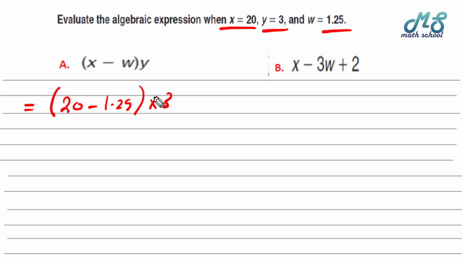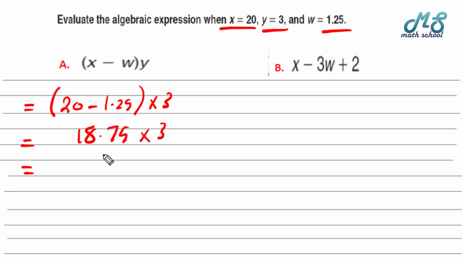First guys, ask yourself, x minus w, which is 20 minus 1.25, is equal to what? You can find it mentally. 20 minus 1 is equal to 19. 19 minus 0.25 is equal to what? 18.75. It's easy. Times 3. Just multiply 18.75 by 3.